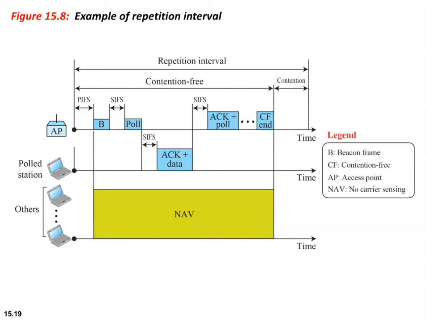When it sends that poll frame, it will be received by the first secondary station. The polled stations are shown here. After a short interframe space, if that secondary station has data to be sent, along with the acknowledgement it sends the data.